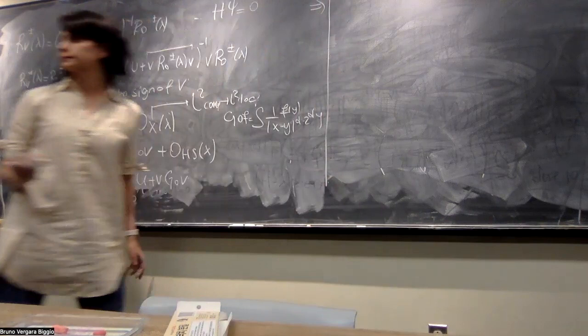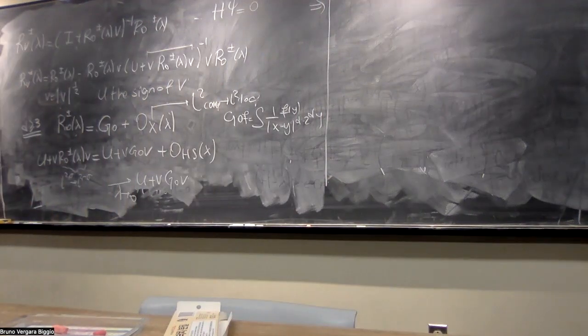Also, it should be like some sort of lower order term, right? It should decay faster. So G0 is just the inverse Laplacian. And then for the error term, do we know anything about how that's going to decay?